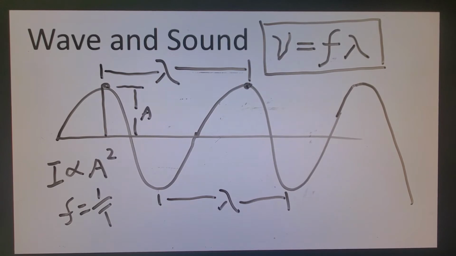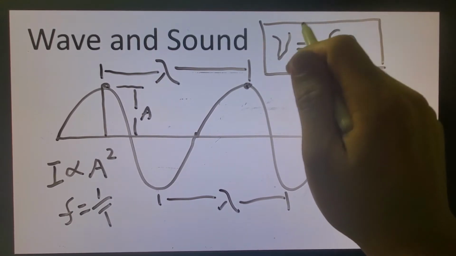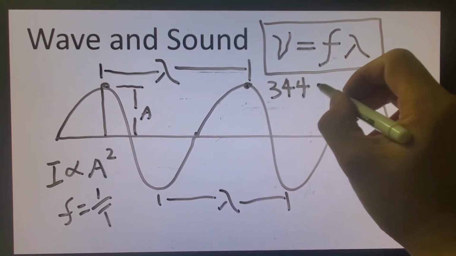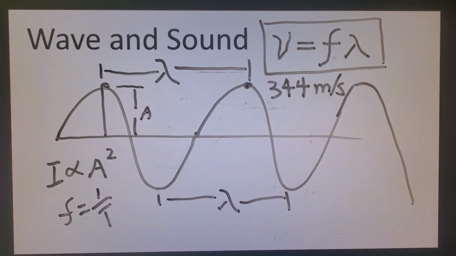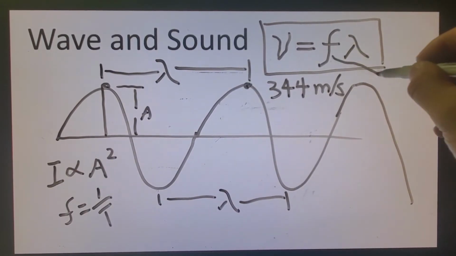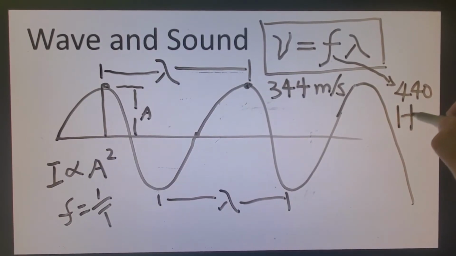For example, if I tell you that the velocity of a sound wave is 344 meters per second, that's the velocity of sound, typically in air. Frequency, let's say, is 440. I haven't told you the unit yet. The unit is called hertz. What is hertz? Hertz is how many per second.